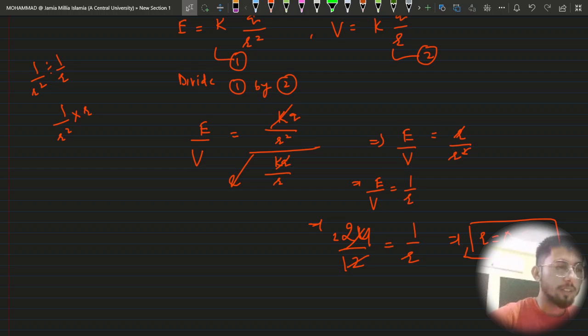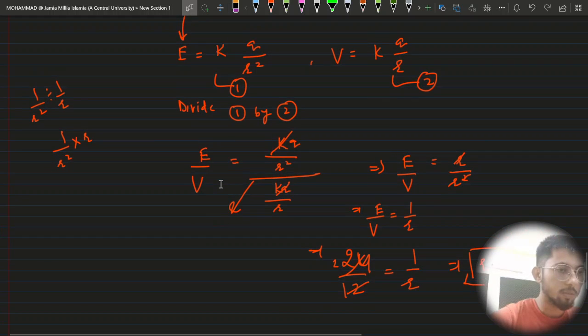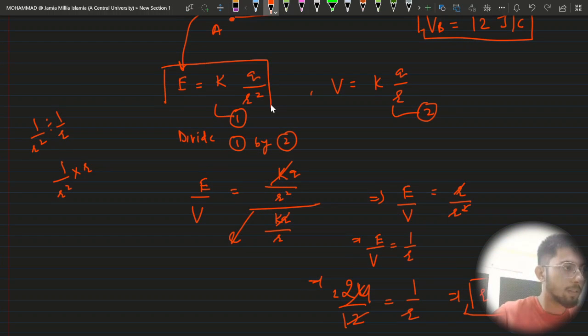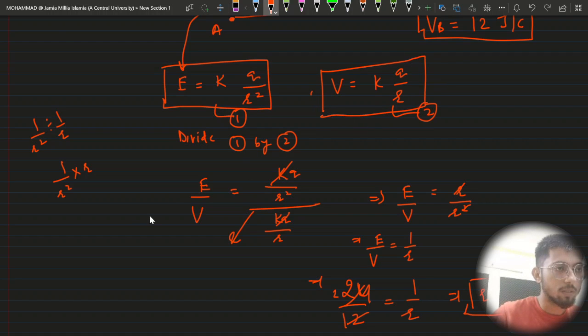Now we want to find the magnitude of this charge q which was put at A. We can do that by using either one of these equations now, because we know R. So why not use this one, because this is R, not R square. So V is 12, K, Q we don't know, R is 0.5.